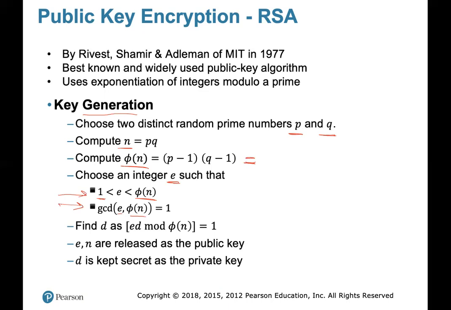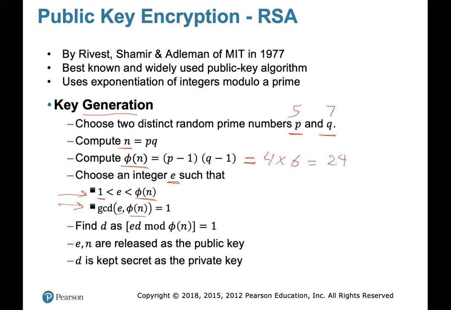For example, let's return to our example numbers, assuming 5 and 7, here phi n will be 4 times 6, which is 24. Of course, these are very small numbers, not good for encryption. I'm just giving you an example.